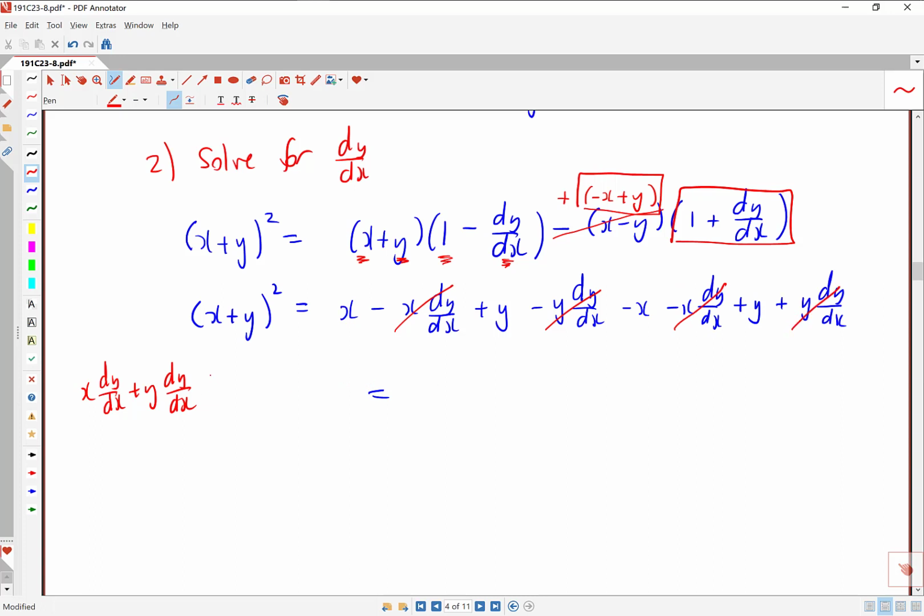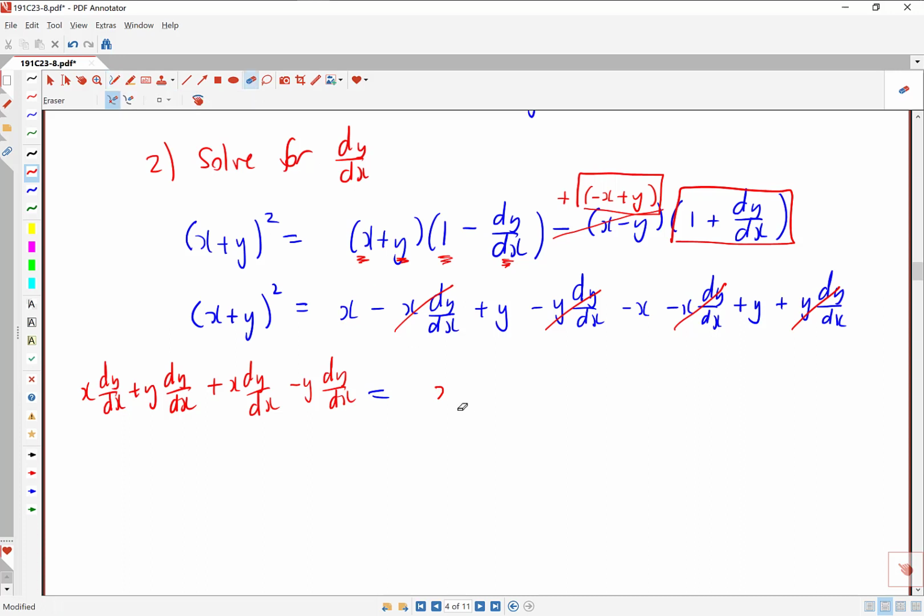I'll try not to do too much in one step. So we'll bring the plus x dy by dx and then the minus y dy by dx. Okay, so we've taken care of all those four terms, and remember, all the signs are changing as they move over to the left.